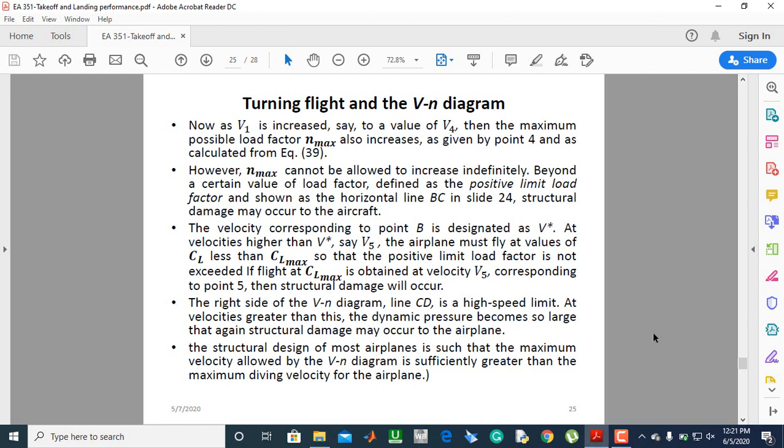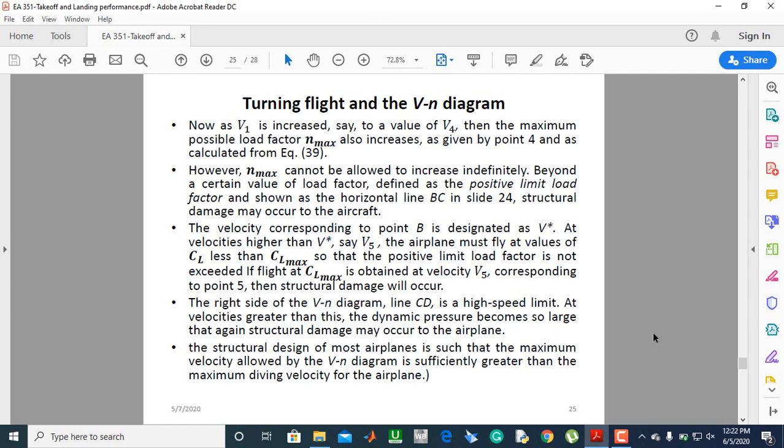If you increase the speed, the maximum also increases as given by point 4 and is calculated from equation 39. However, the maximum load factor cannot be allowed to increase indefinitely beyond a certain value, defined as the positive limit load factor, and shown as the horizontal line BC in slide 24.